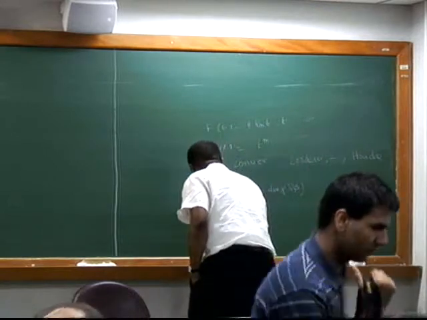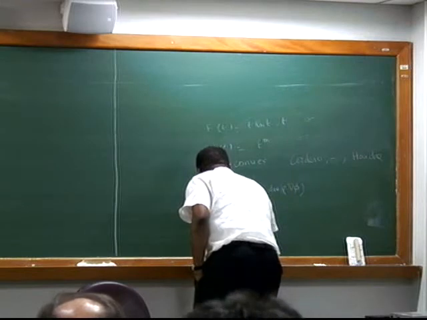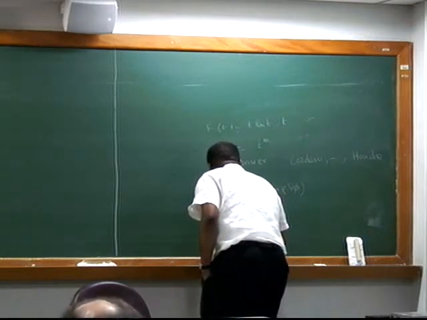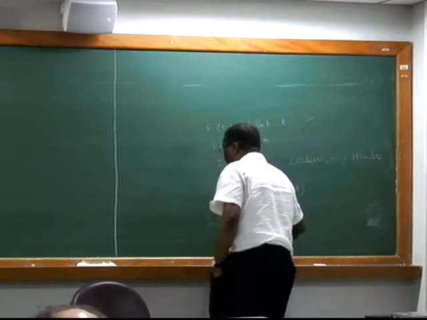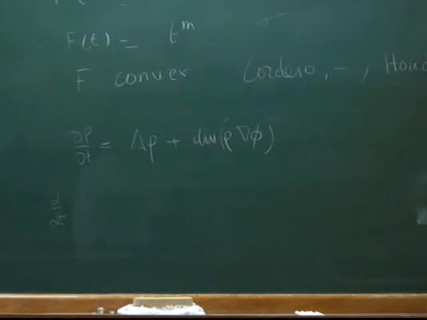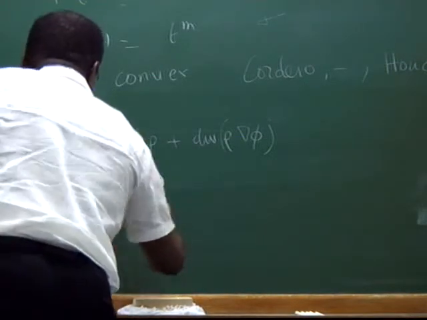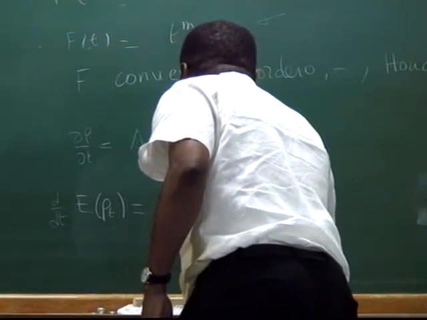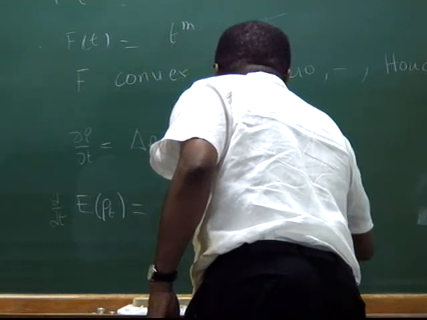the entropy, d over dt, the integral of rho t log of rho t, I differentiate that energy E of rho t. This will be d over dt the integral of rho t log rho t plus rho t phi.